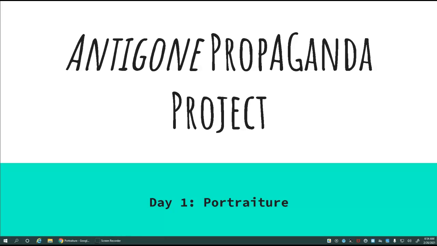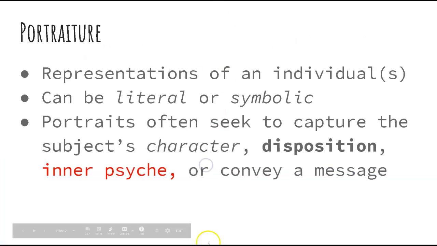But what is portraiture? Well, it is a representation of an individual or individuals. Simply put, it's a picture of a person. And the way that person looks can be very important for an overall work's themes, concepts, big ideas.